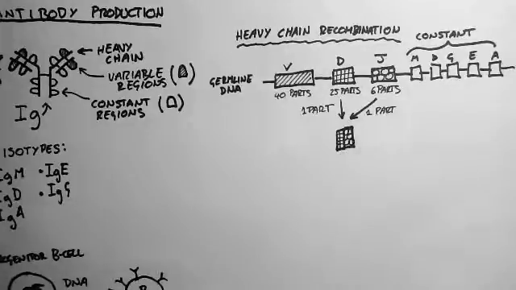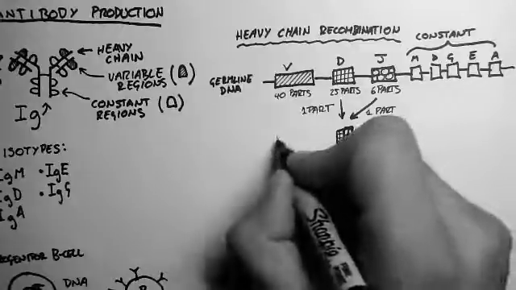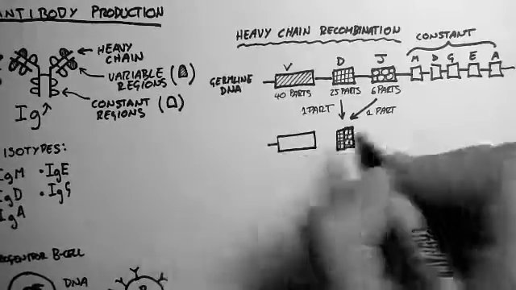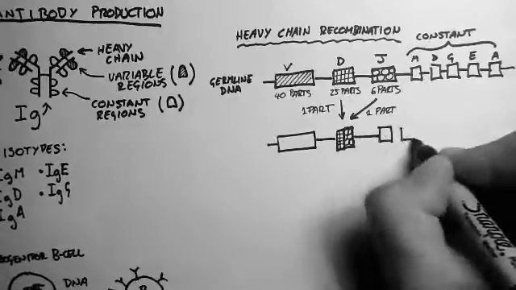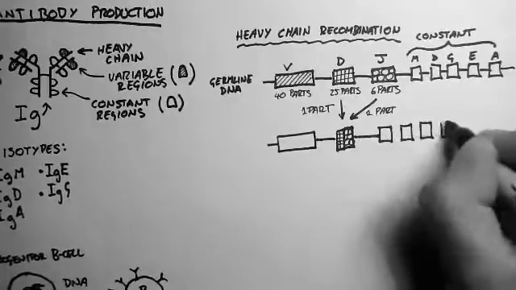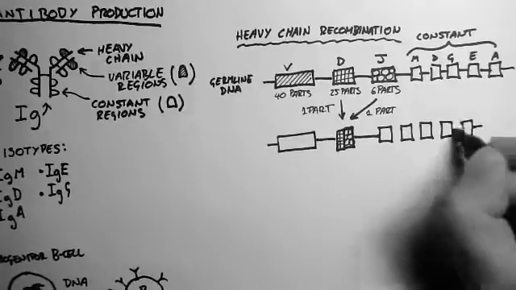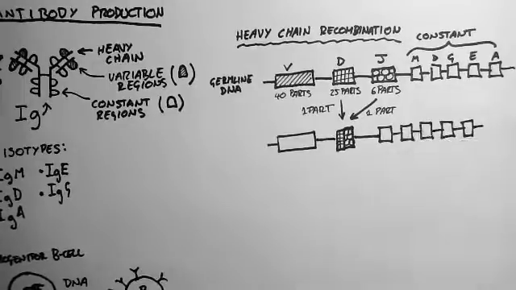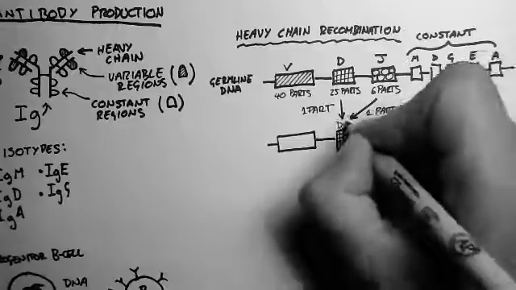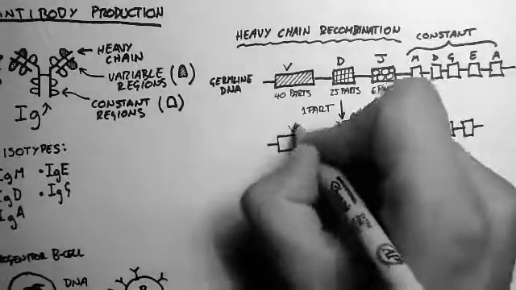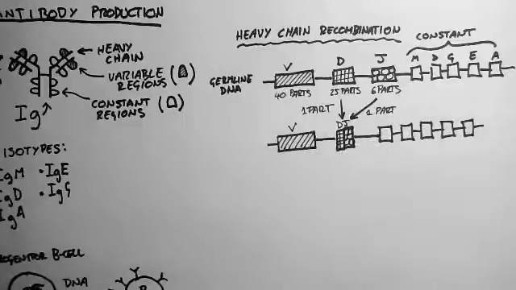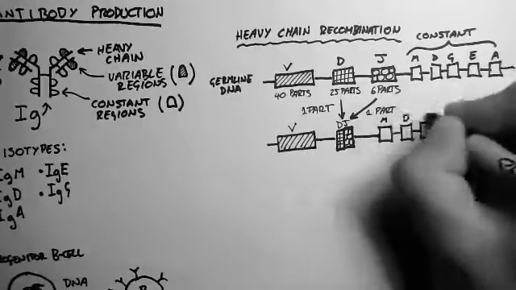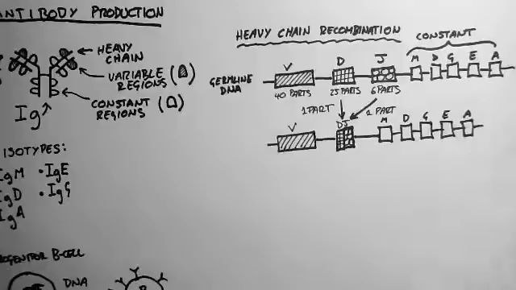And we call this the DJ recombination. The V region is still sitting over here like this, and the constant regions are still sitting on the end like this. So this is the DJ region, this is the V region. And the M, D, G, E, and A regions are still sitting on the end.